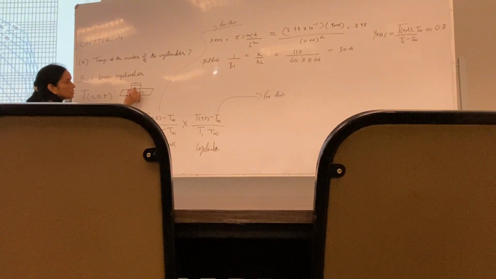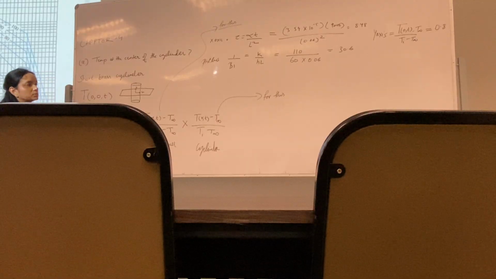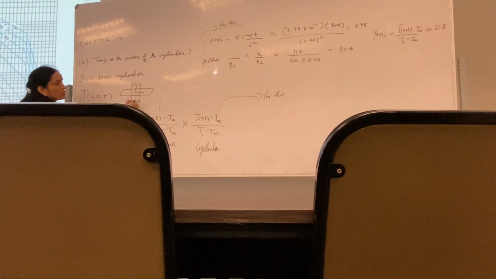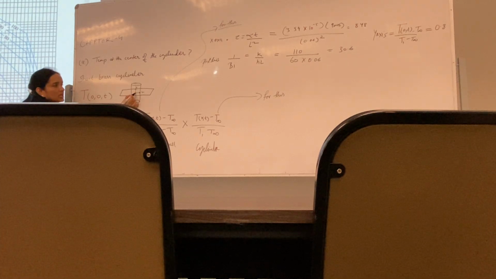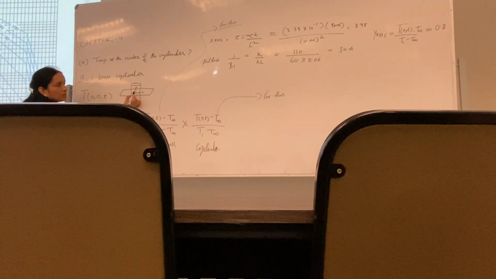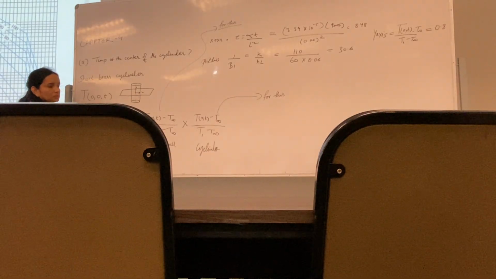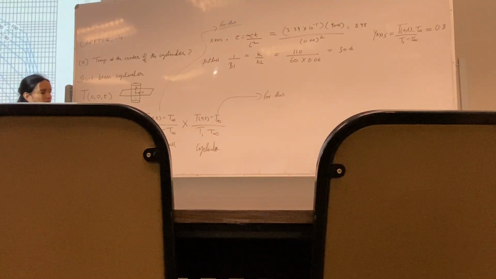This is R, this is X. First I'm calculating the temperature here. So I will calculate the temperature of the plane wall, and then the cylinder in the R direction. I multiply these, and I get the two-dimensional temperature in R and X. R and X is 0, 0 in the A part.